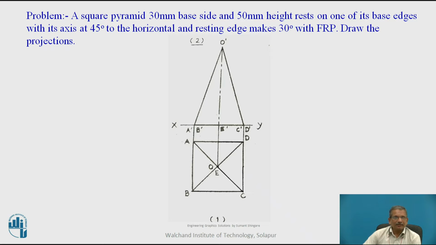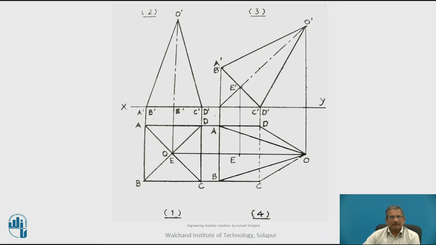So now what is the second condition? It rests on one of its base edges with its axis at 45 degrees to the horizontal. So we will tilt the solid such that its axis will be making 45 degrees to the horizontal. Now this is the second stage. So we will tilt it in such a way that the axis O dash E dash will be making 45 degrees to the XY line, as it is making 45 degrees to the horizon.